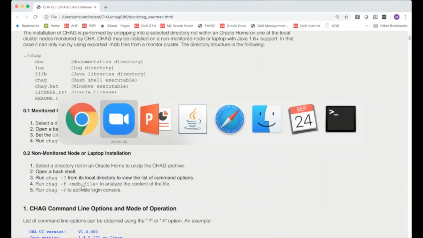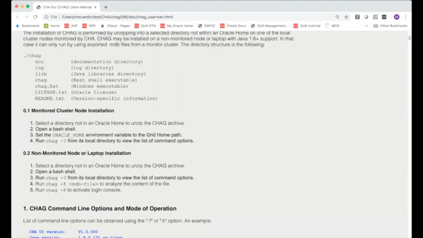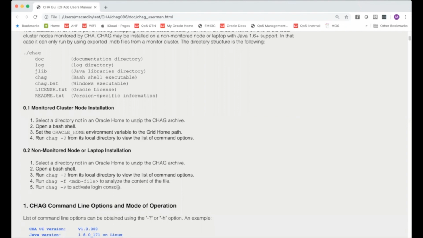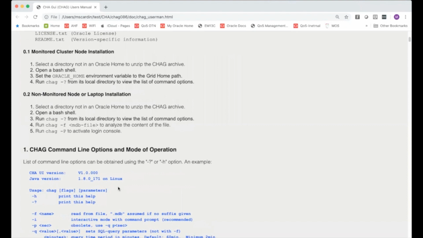Okay. And in the real-time or live mode, the customer has to unpack it. It's not an installation per se, it's an unpack on one of the cluster machines. The recommendation is not in the Oracle Home, but in a separate place, but he needs to set Oracle Home.